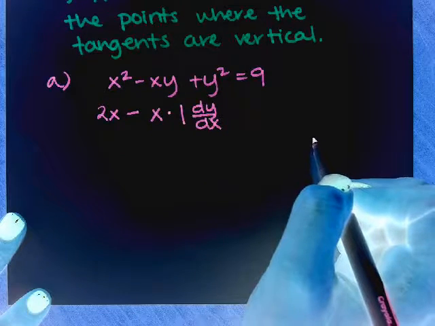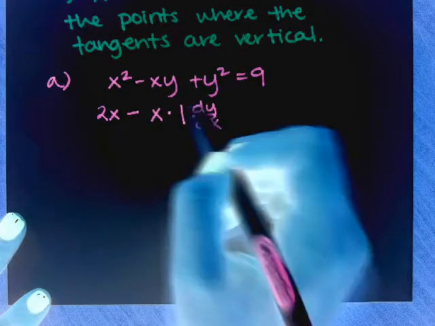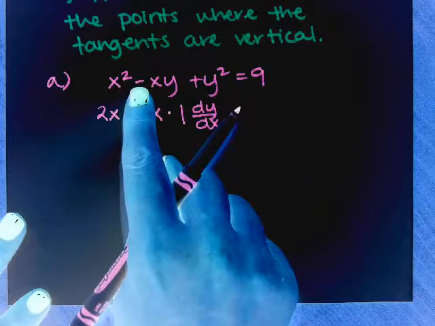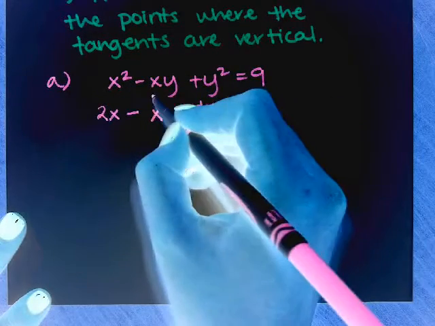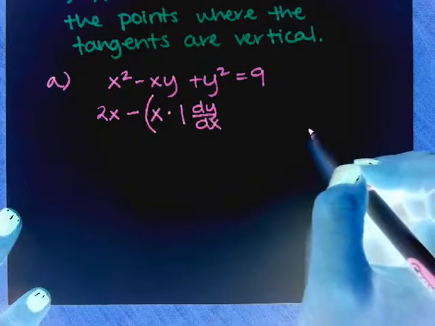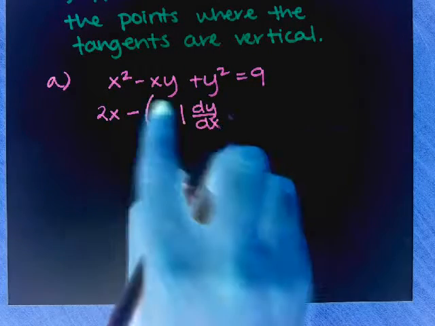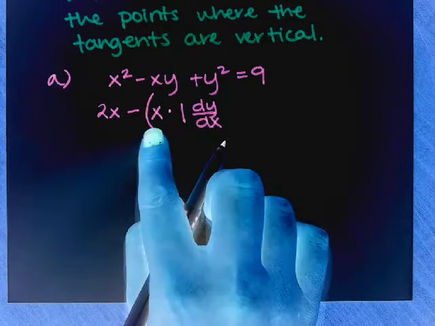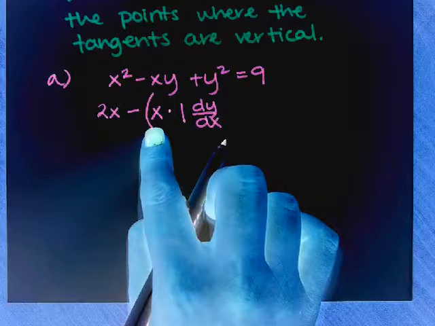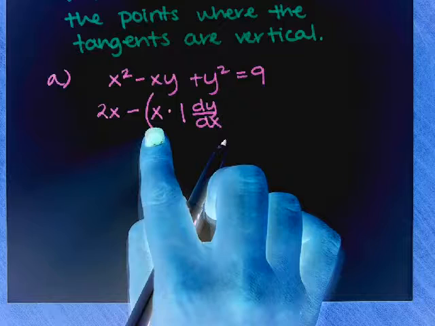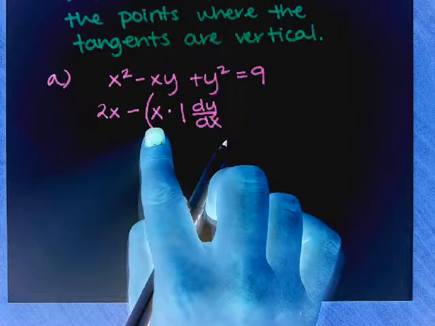Plus. So we have to be careful because this is subtraction, right? Yes. So I'm going to go ahead and put parentheses. Are you guys okay with that? Yes. So anytime I have the product rule and I have a minus in front of the product rule, I like to put whatever I get for the product rule in parentheses to make sure that I minus both terms.